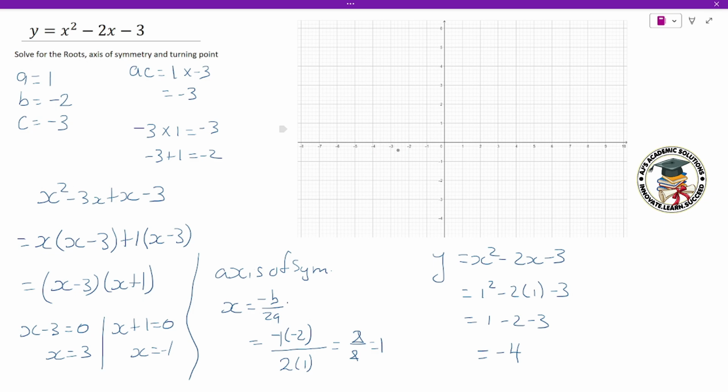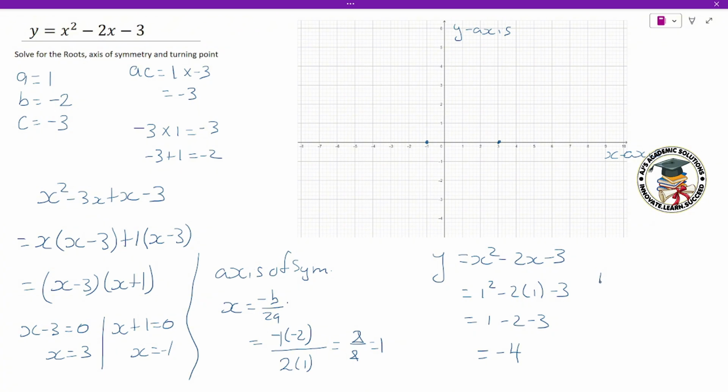So we're actually doing a simple sketch, starting with the roots. This is our x-axis, and here is the y-axis. Recognizing our x values, we have the curve cutting the x-axis at positive 3 and negative 1.